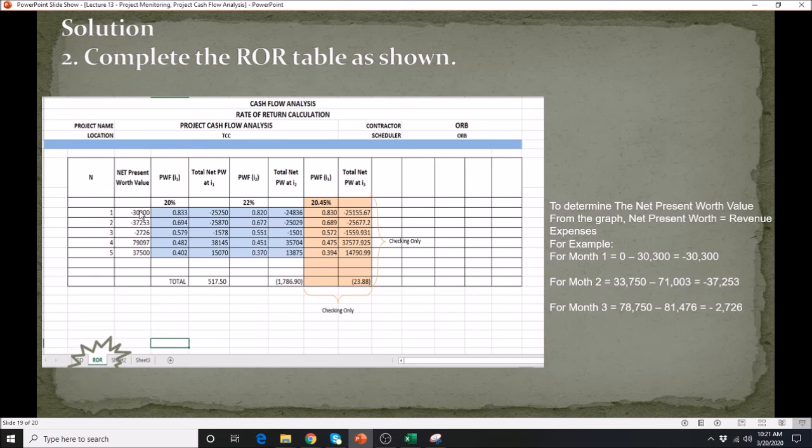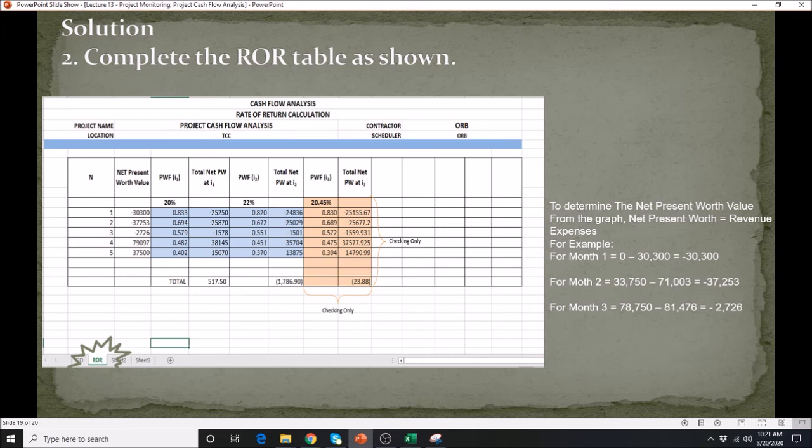So how do we calculate this net present worth? These are the values that we need to calculate here. I am going to provide you the values, in order to give you at least a range to where you're going to begin your calculations.